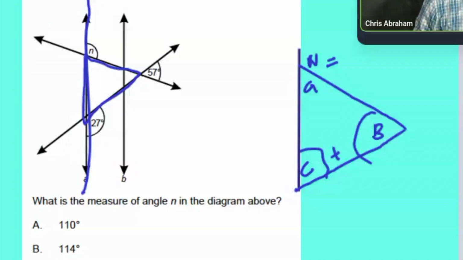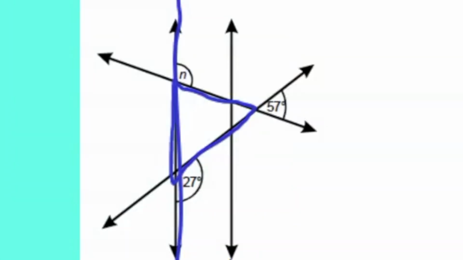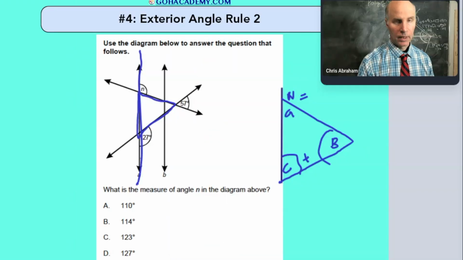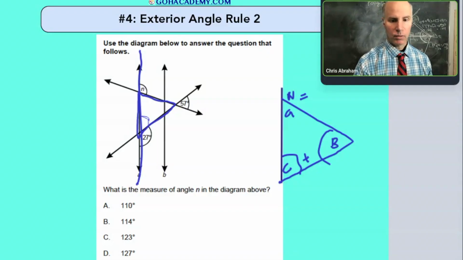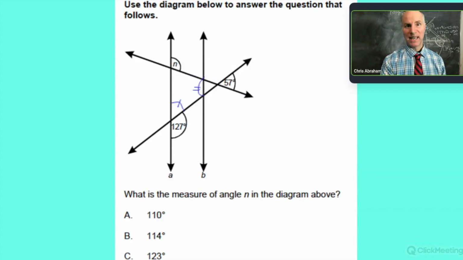Look at the picture again. If we look closely at this diagram right here, we can figure out what this angle is here. It's the supplement of 127. So let's work that out. Something, we'll call this box, plus 127 is equal to 180, right?